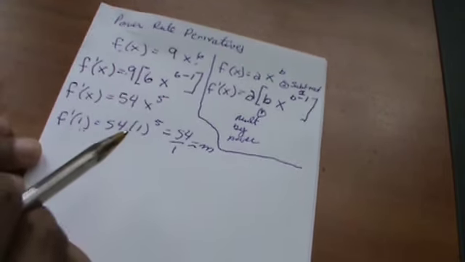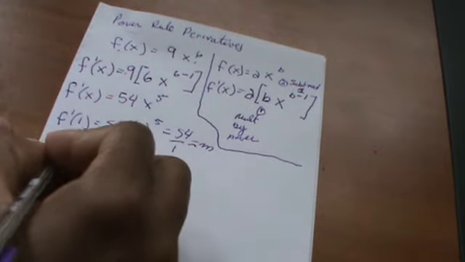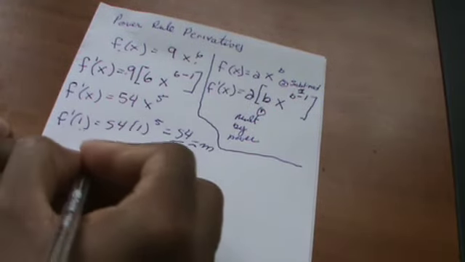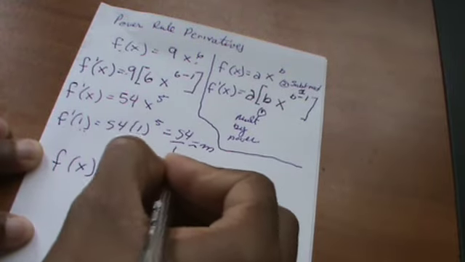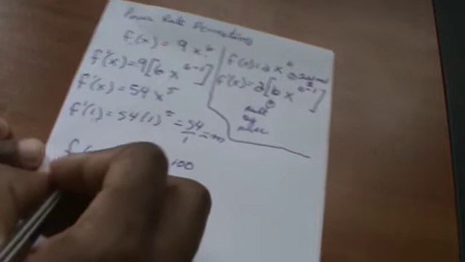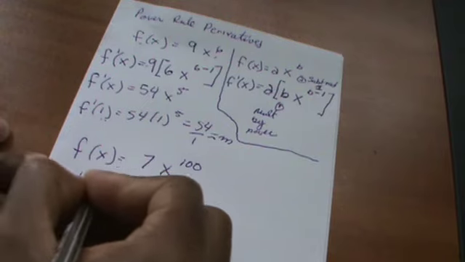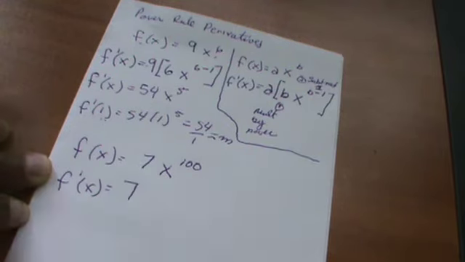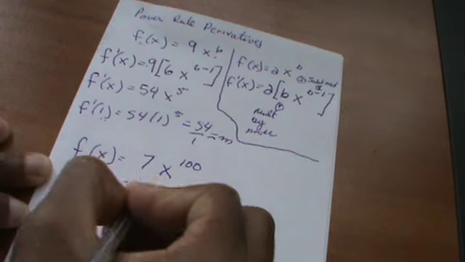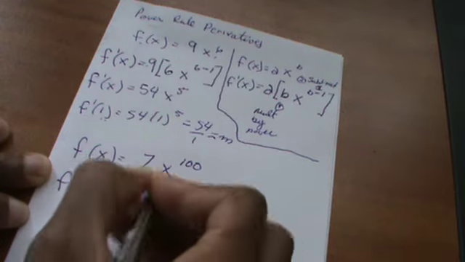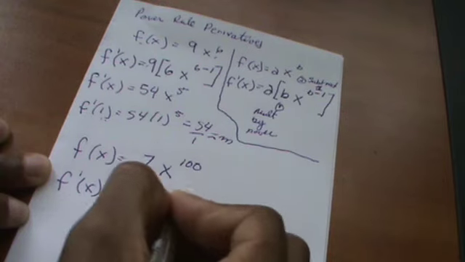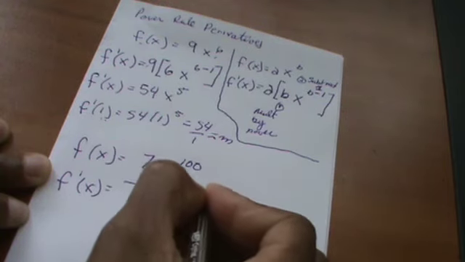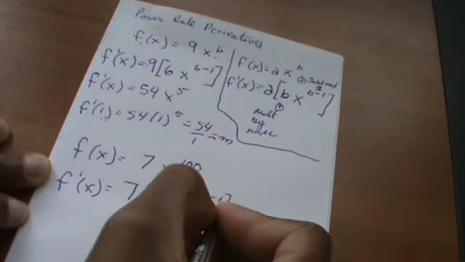All right, another example. What happens if we had f of x equals 7x to the 100th power? Well, here's our derivative, f prime of x, then equals, pull the 7 out. This power is going to come down, so you multiply by 100, and then you'll subtract 1 from the power, so this will be 100 minus 1.